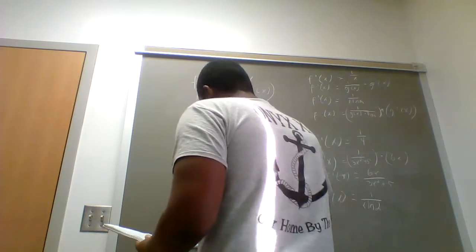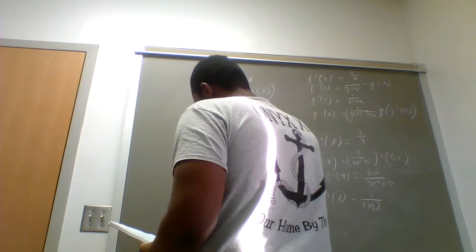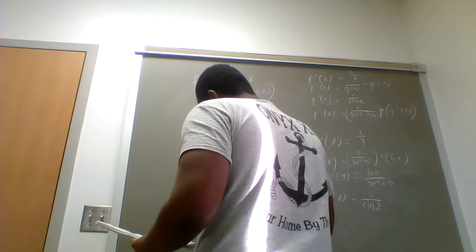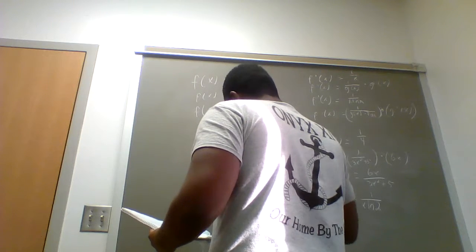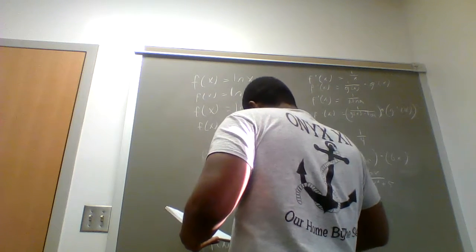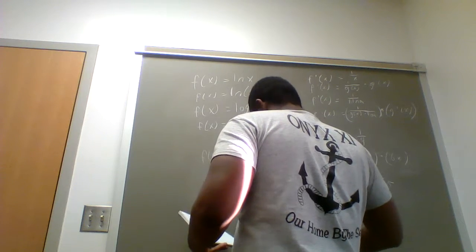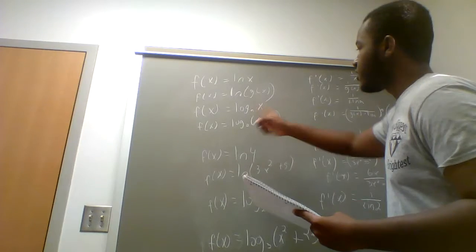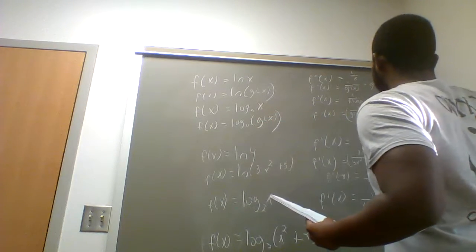And the final example I'll be showing you for the logarithmic functions and the derivatives is f of x equals log base 3 of x squared plus 2x. We'll be using this property, and all you gotta do is follow.